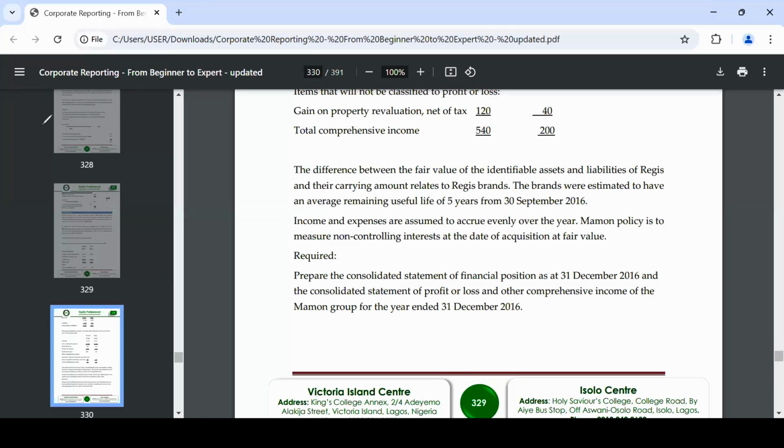Why? Because we have proven that someone could pay for that goodwill in a separate transaction. How we know it has a value, what will prove to us that it has a value, is that somebody must be willing, or somebody has shown that they are going to pay for it.